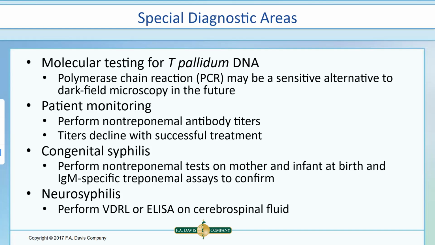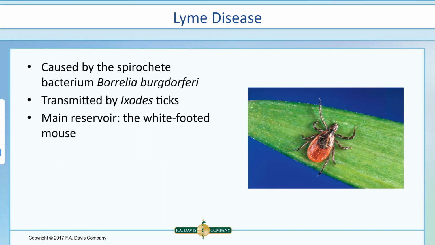The problem is a lot of ticks, and the nymphs are really hard to differentiate. So nymphs come in late spring, early summer, and that's when they're first hatching out of their eggs. And if those nymphs have infected mouth parts, the nymph can easily go undetected.